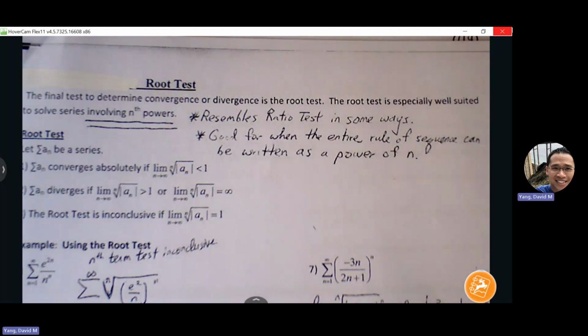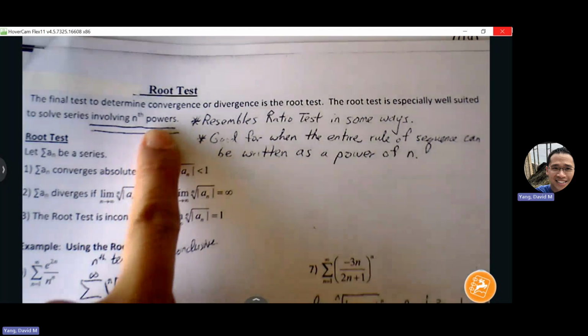Okay, so the final test to determine convergence or divergence is the root test. Root test is especially well suited to solve problems involving nth powers.